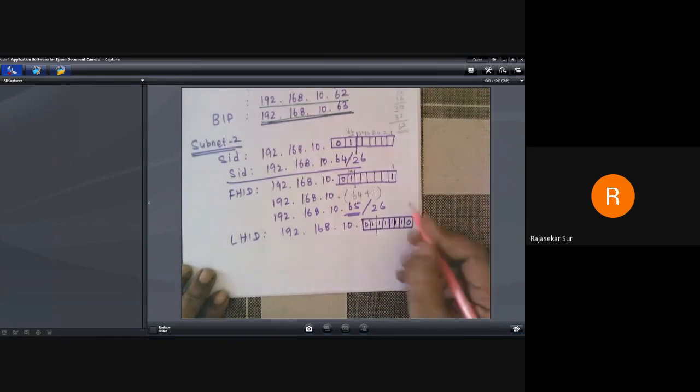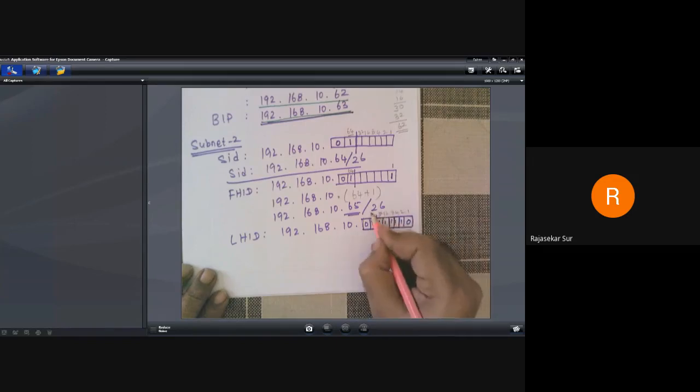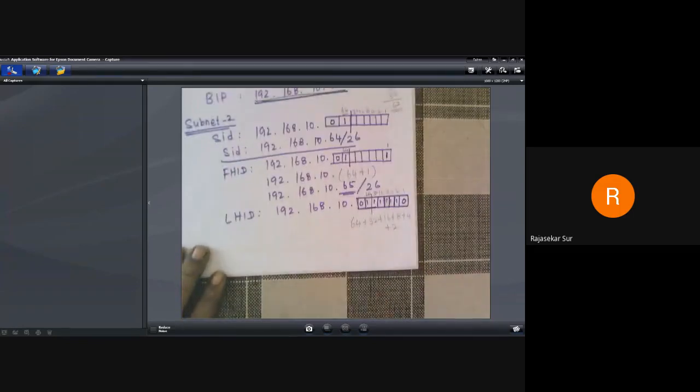The place value here is 1, 2, 4, 8, 16, 32, 64. Now we have to add everything: 64 plus 32 plus 16 plus 8 plus 4 plus 2. Am I right? If you add everything, you will get the answer.